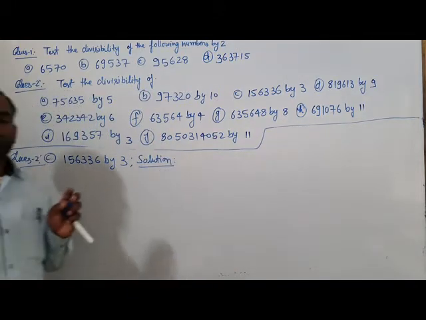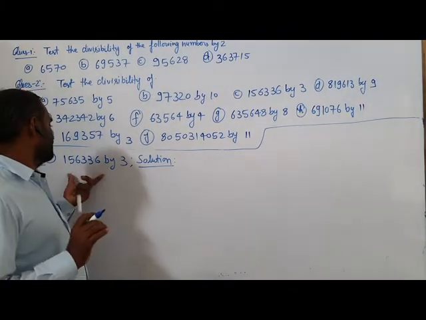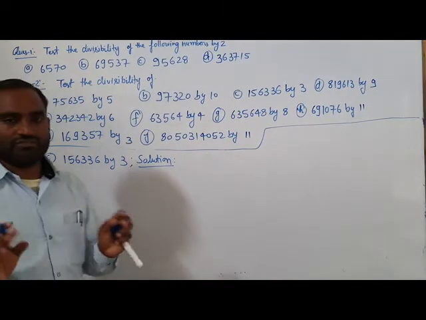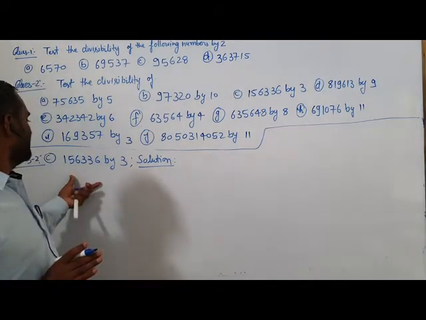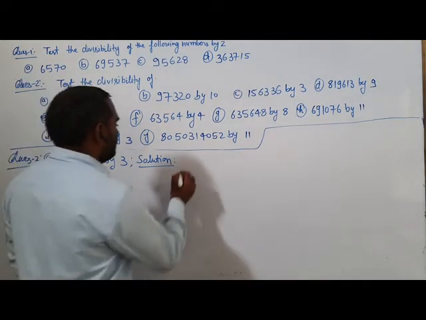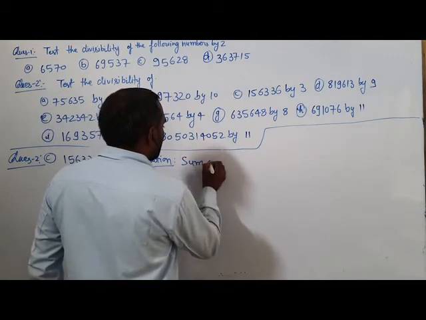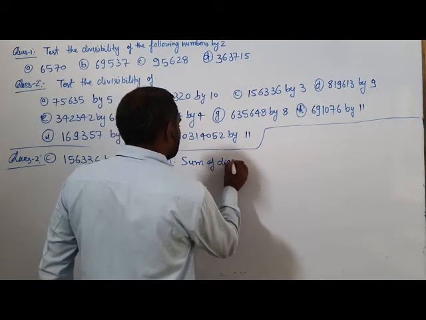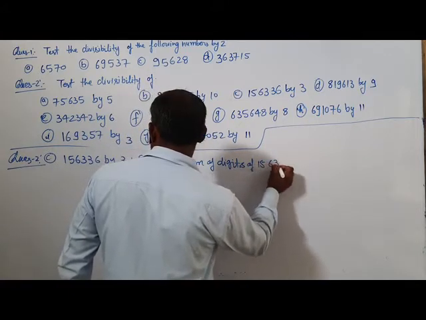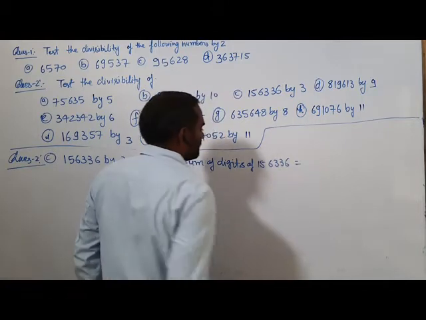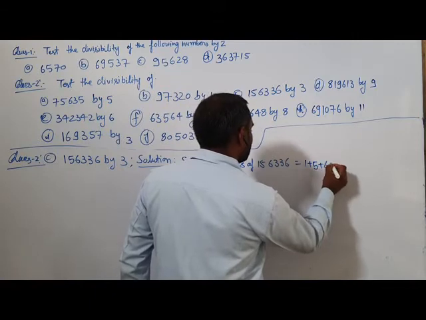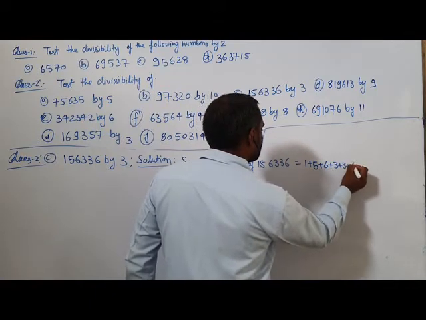The divisibility of 3. We know that if the sum of digits of the given number is divisible by 3, then the number will also be divisible by 3.